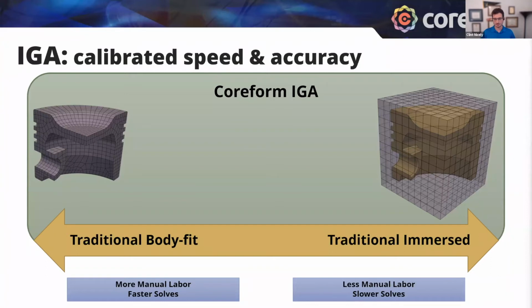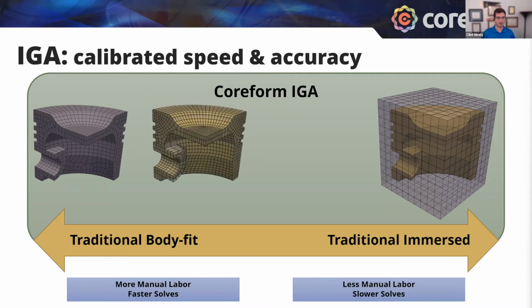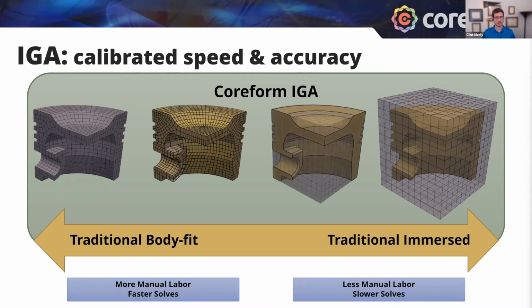And of course, we can also do in between, where we have capabilities of doing a semi-body fit or a semi-immersed approach. If you want to do somewhere in between, to make sure that your model runs as smoothly and as quickly as possible with the least amount of effort, you can tune anywhere in between as well.